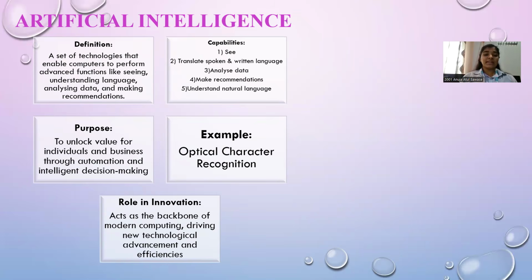Then capabilities are to see, translate spoken and written language, analyze data, make recommendations, and understand natural language. Then an example of AI is optical character recognition. The role of innovation: it acts as the backbone of modern computing, driving new technological advancement and efficiencies.